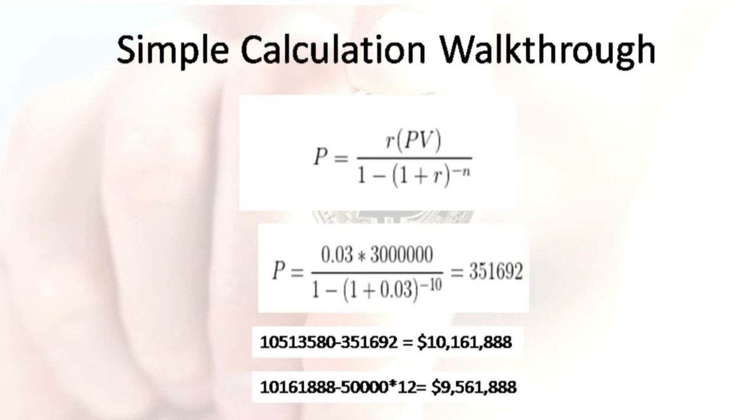Now, let's say that your maintenance and operating costs would net around 50 grand per month, which includes utilities other than electricity, maintenance, security, etc. Your leftover yearly revenue would be around, with the formula, 10,513,580 minus 351,692, which is equal to $10,161,888.